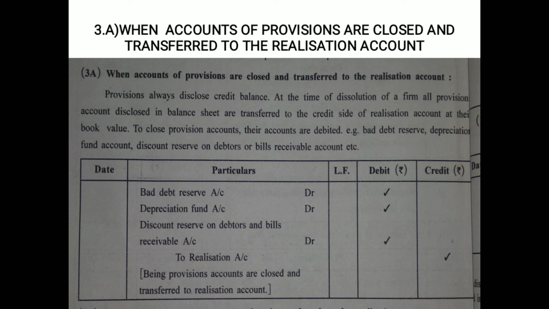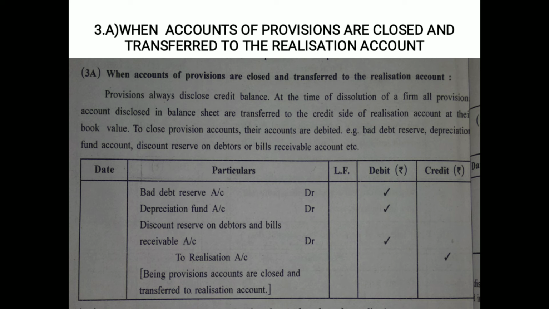Okay, the next topic says, when accounts of provisions are closed and transferred to realization account. Understand, the provisions' basic balance is credit. Once you want to close these accounts, they will be debited and they are closed and transferred to realization account.